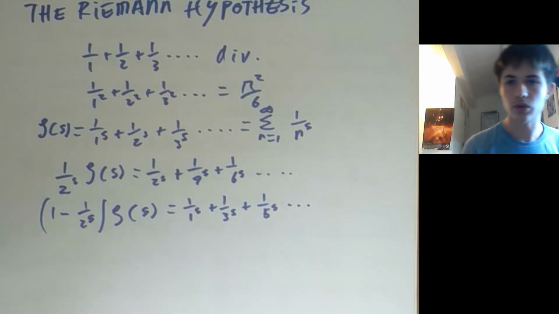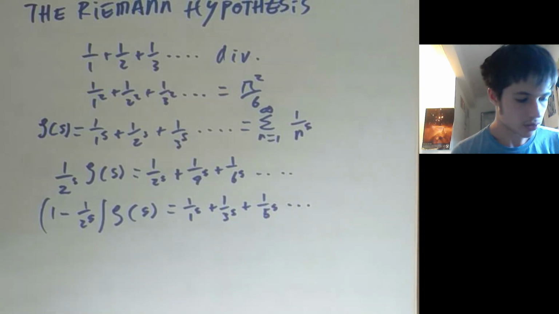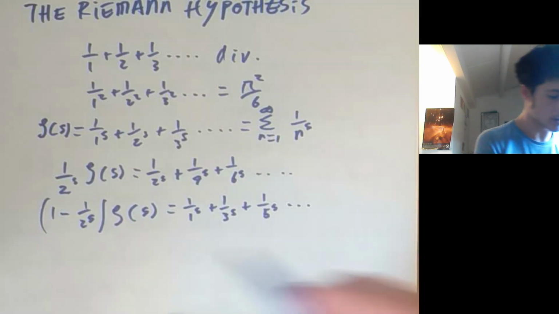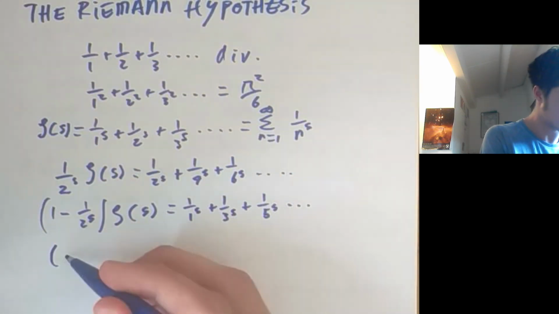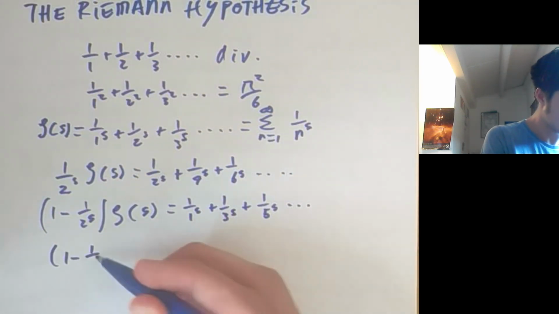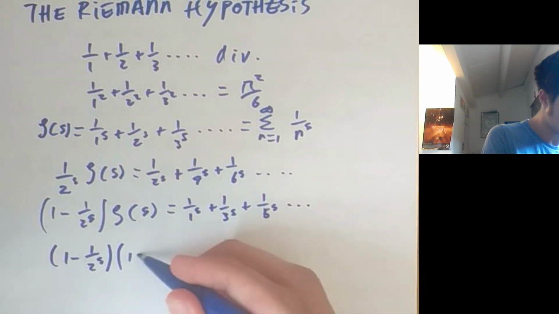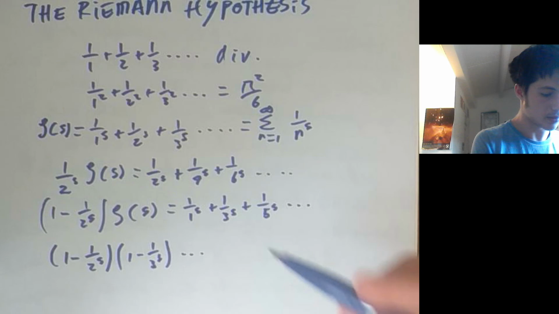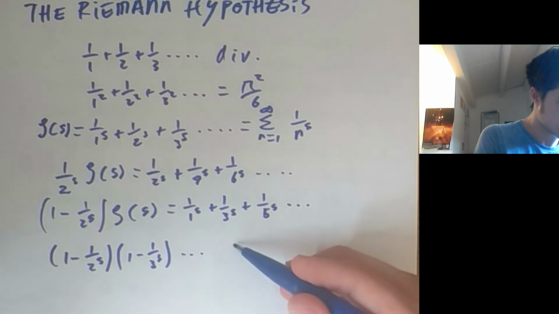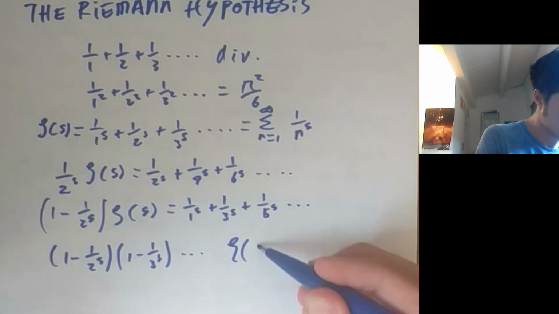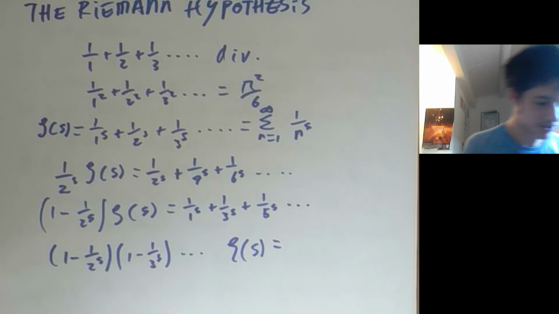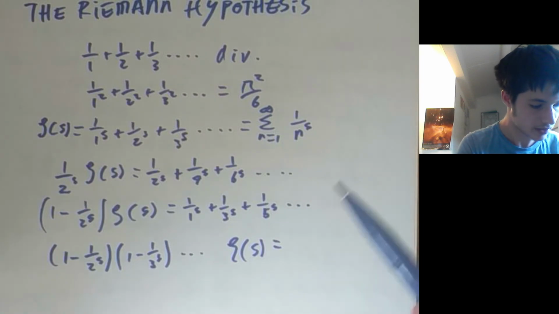And when you do that, it turns out to be 1 minus 1 over 2 to the s, times 1 minus 1 over 3 to the s, etc., for all prime numbers, times this zeta of s. That's really ugly, but it is what it is.